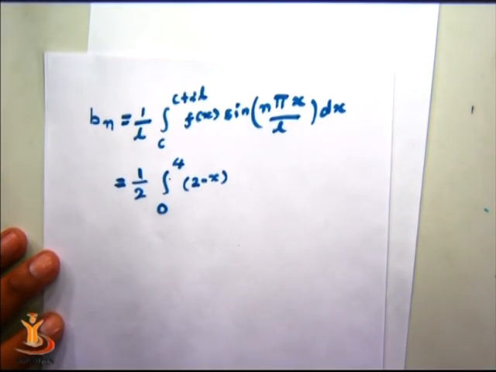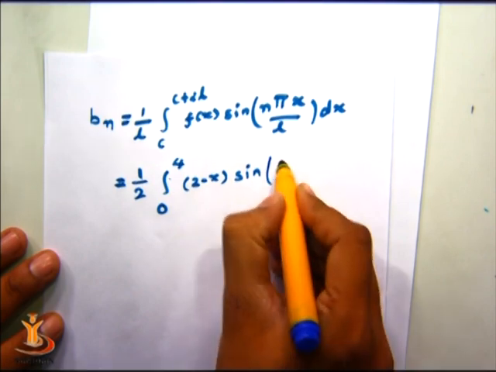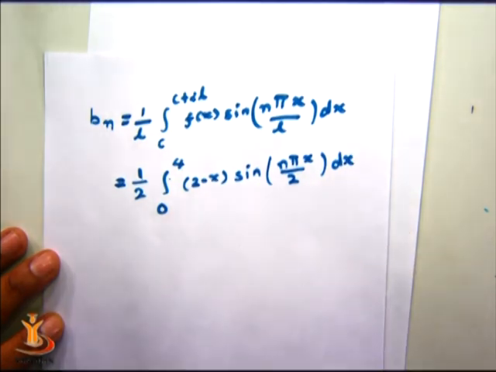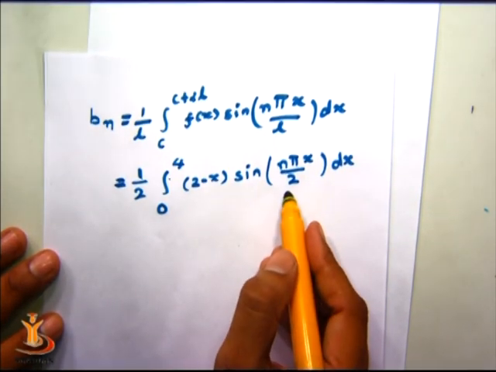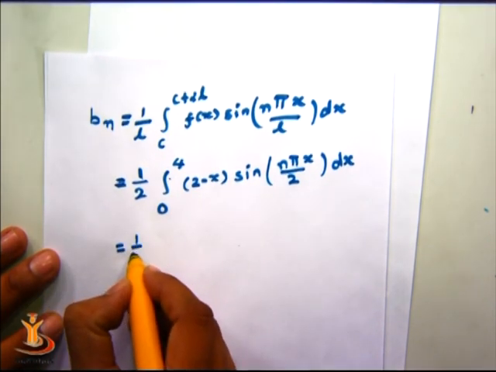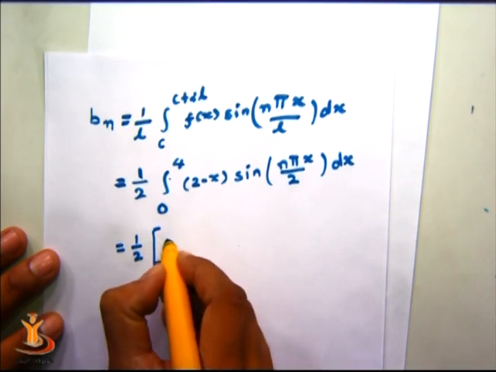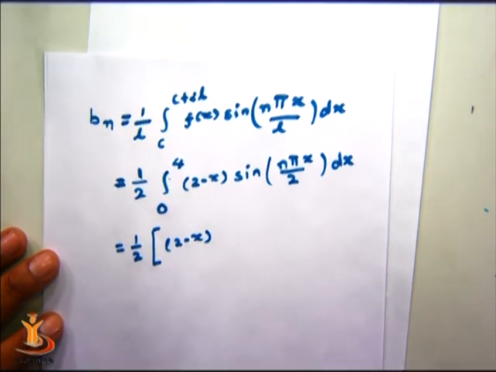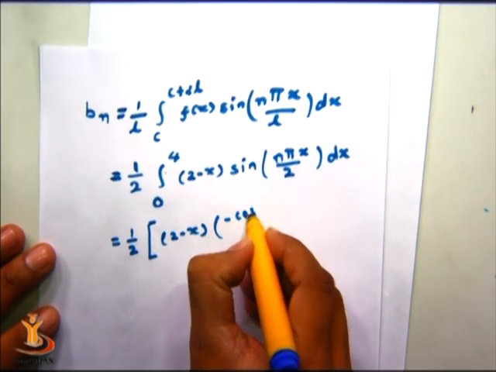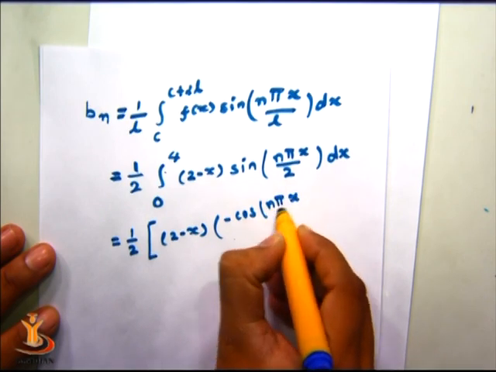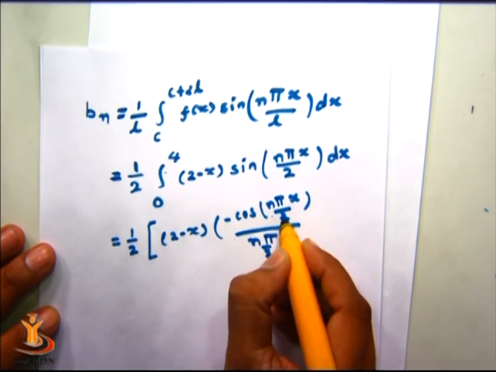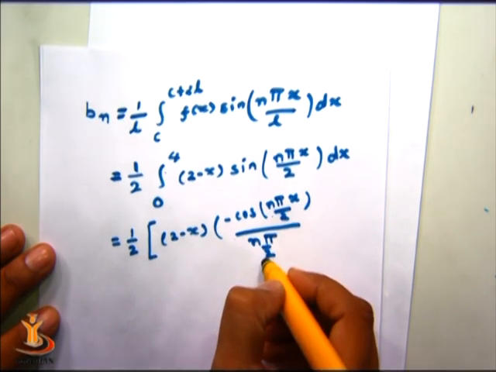minus x, into sine n pi x by 2 into dx. Here this 2 is inside the sine function, so we cannot take it outside, and the integration is by the UV rule. So the integration of 2 minus x into sine n pi x gives minus cos n pi x by n pi by 2. This n pi by 2 is the coefficient of x, so we take it as a denominator.